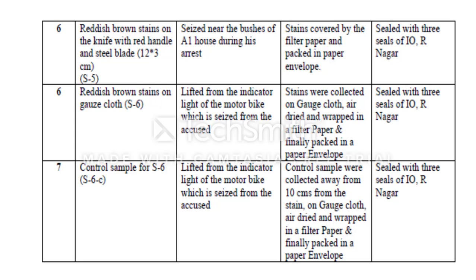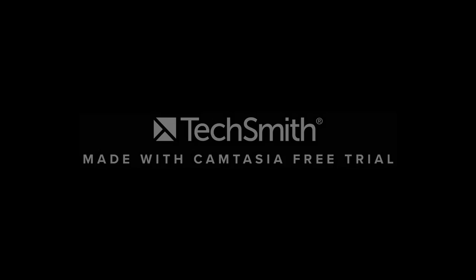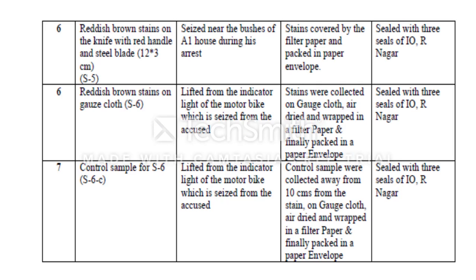Now the reddish brown stains on gauze cloth, again which is labeled as S6, these are the ones, if you remember, when the vehicle was seized, there were some stains found on the light. So this is given as S6, and what is the source?